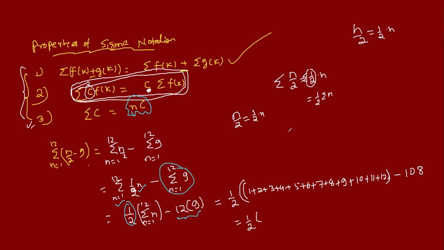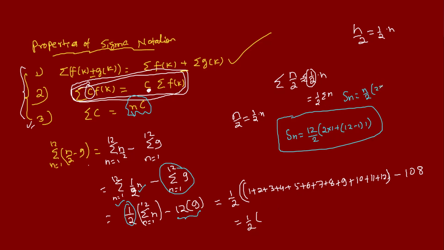You can also use sum of AP. You know sum of AP? Arithmetic progression. n by 2 into 2a plus n minus 1 into d, right?